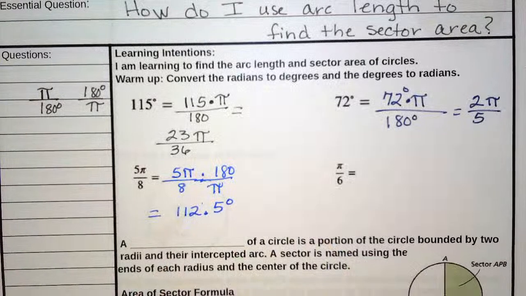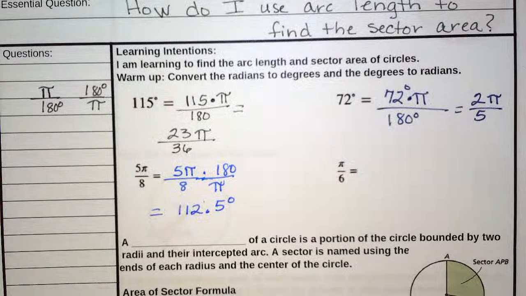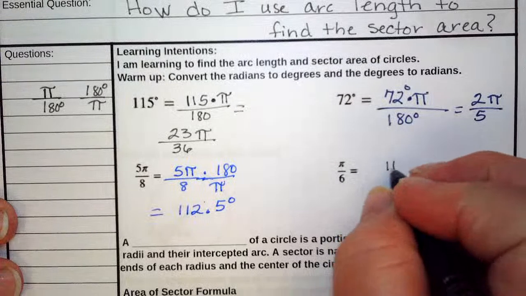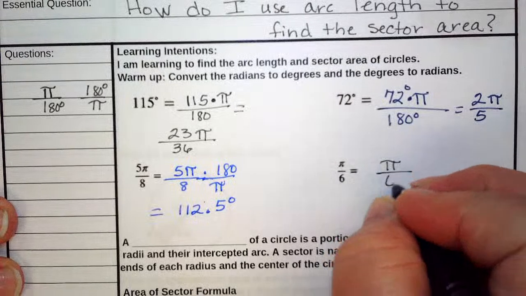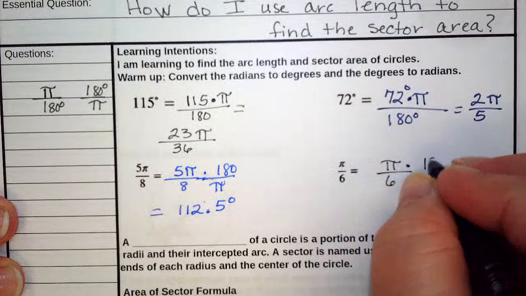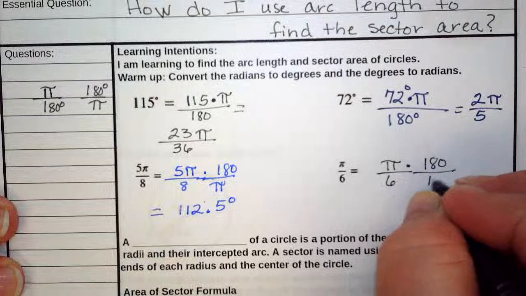Can you do the next one on your own? Pi over 6 times 180 over pi.